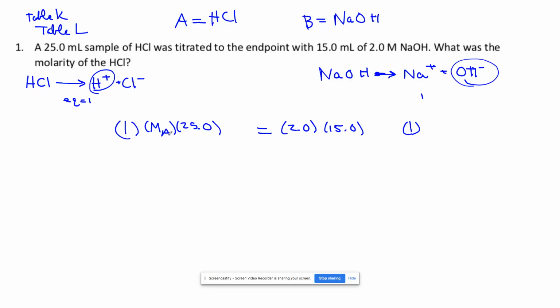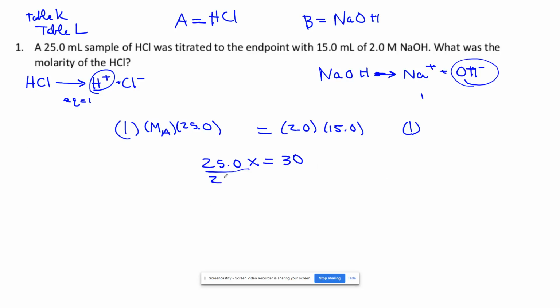And this is all multiplication, so you can say 1 times 25 times x, or 25 times x times 1. That doesn't matter. It equals 2 times 15 times the 1 here. So you're going to get 25 times, let's just call it x, and when you multiply these three things together, you get 30.